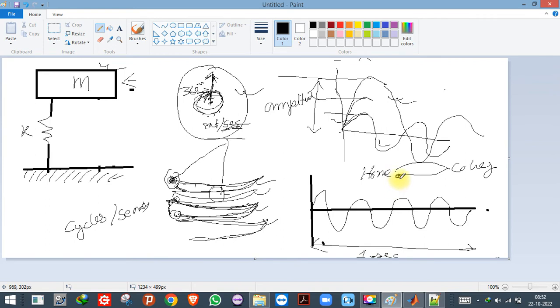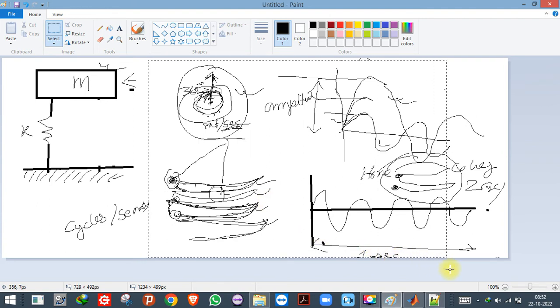Again you have started your journey, gone to your college, and again come back to your home. This is 2. So let's say you have done this process in 1 second. So what is your frequency? 2 cycles per second. And in angular frequency it becomes radians per second. So we'll see the formula, etc., for how to calculate. These are the basic things that I wanted to explain to you.